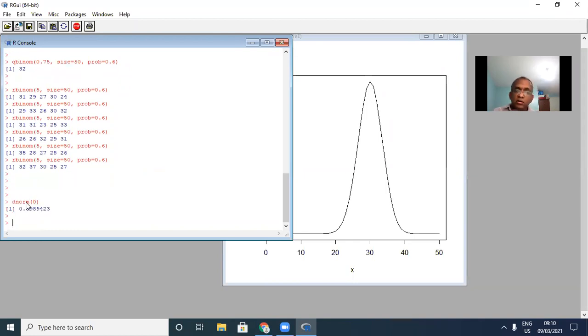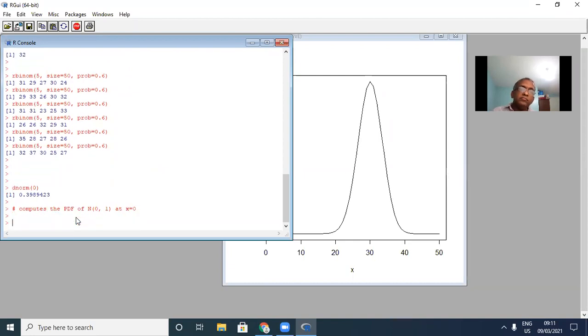This command computes the PDF of N(0,1) at x equal to 0. So when you don't specify the parameters, R automatically assumes that you're computing the density of a standard normal, that is mean 0 and variance 1, and you're computing the density at x equal to 0.